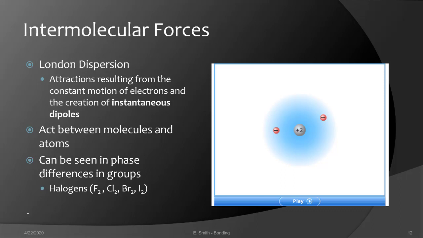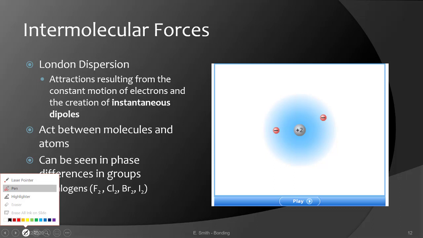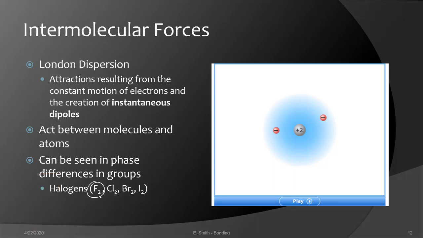It instantaneously occurs. Okay? Now, how can we know when this happens? What does it show us? What does it mean? Well, it means, folks, that if we have something like fluorine, and by the way, ladies and gentlemen, fluorine in its natural state as F2 is a gas. Chlorine, in its natural state, is a gas.